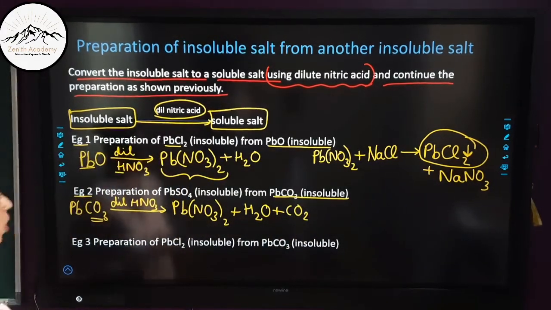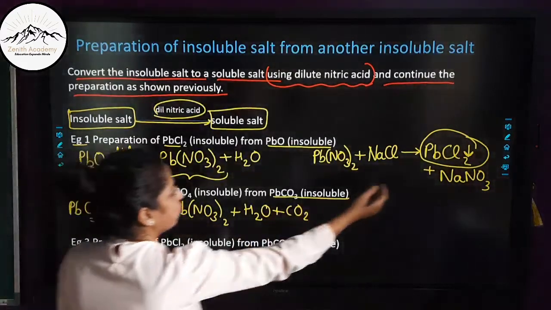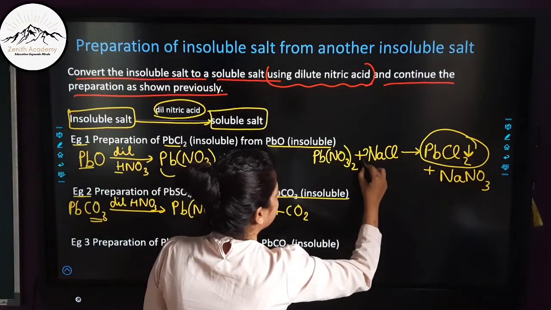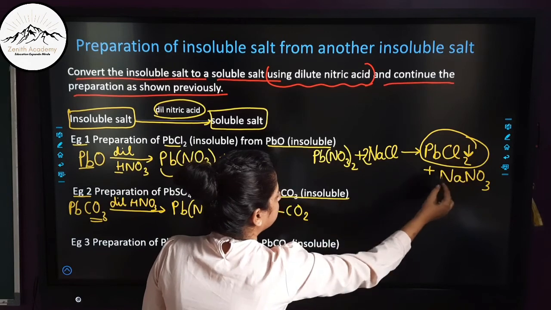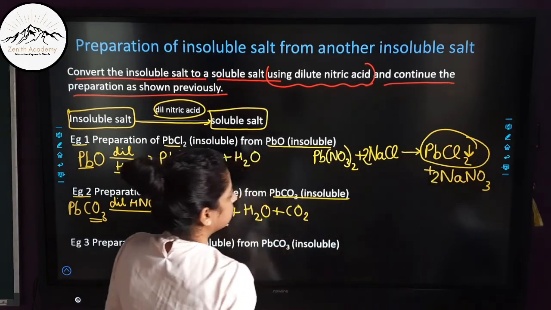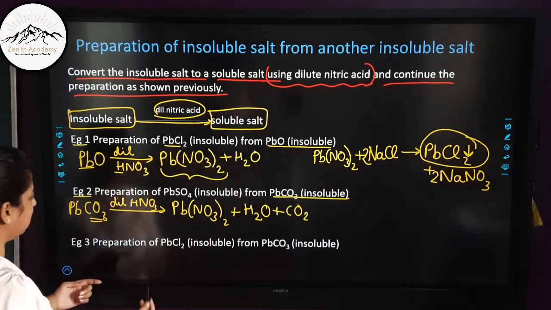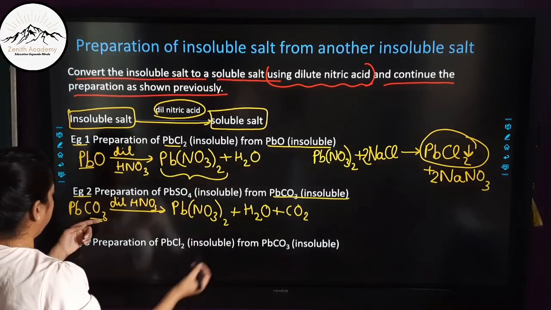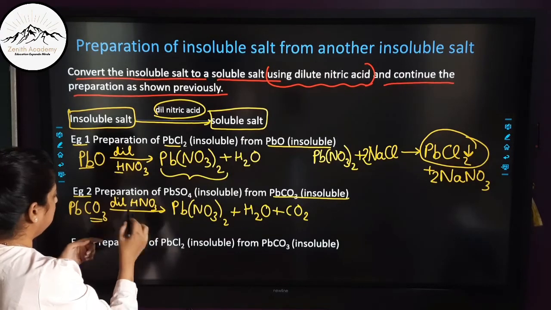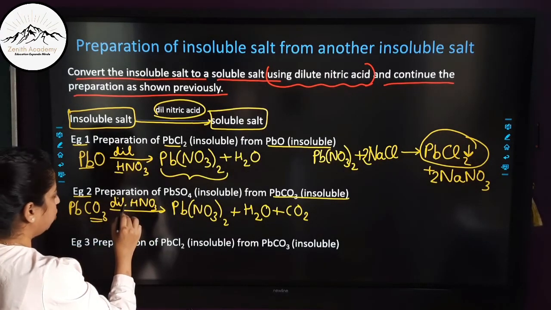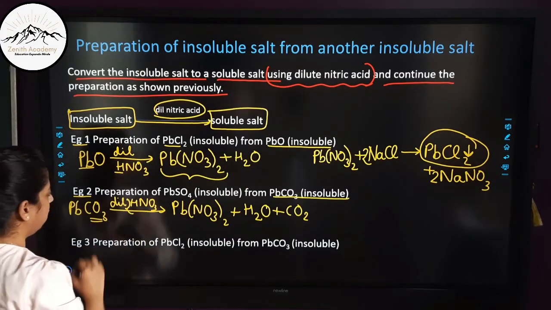Let's balance it first. Here also we had not balanced, so we should balance it. This is 2, this is 2. Okay. Now, first let's balance. CO2 is there. So this should be 2 HNO3.